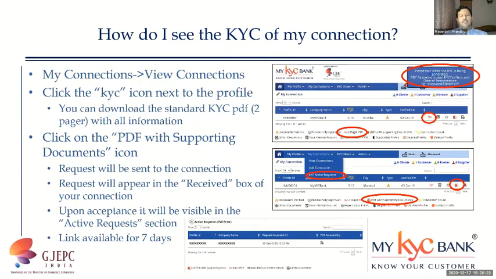It will go into the received box of your counterparty. The moment they access the request, in your connections, you see active KYC requests. This request will be active for you for 1 week. So this PDF is available to you for 1 week, and you can download that PDF and do your necessary due diligence.